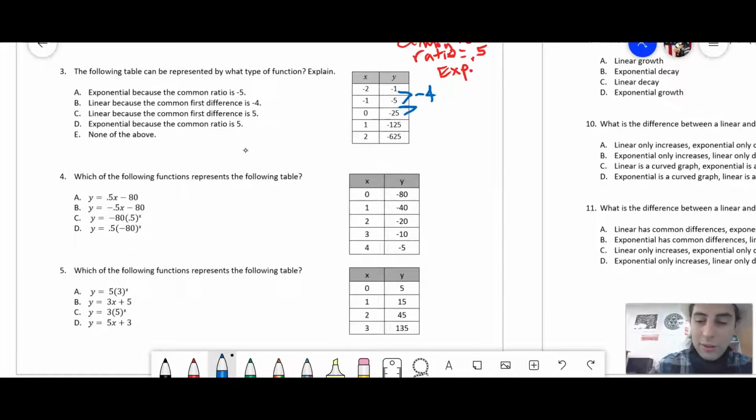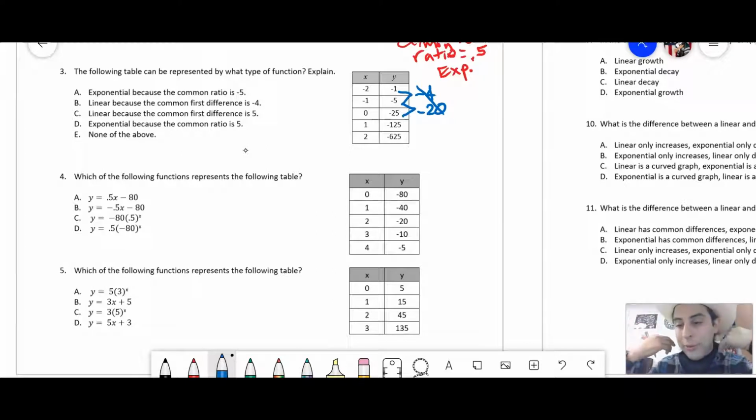All right, and then let's do the same thing here. We're going to subtract. -25 minus -5 is -20. Now, if you find two differences like that, as long as the x's are increasing by the same amount, if they don't match, then it's not a common difference. It's not linear, right?